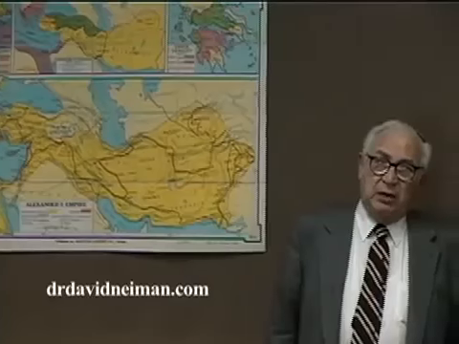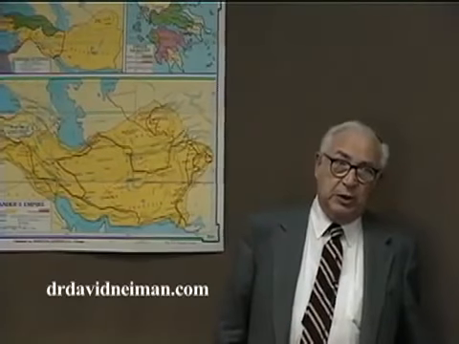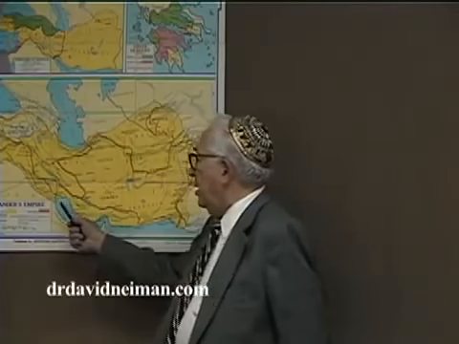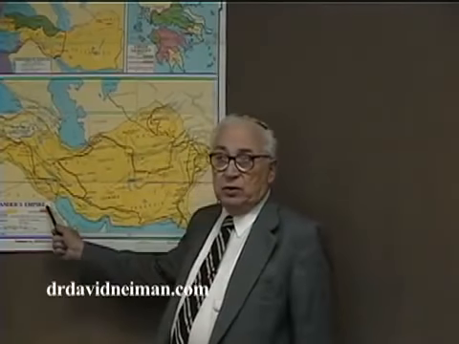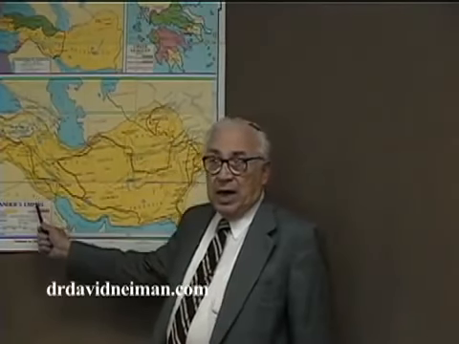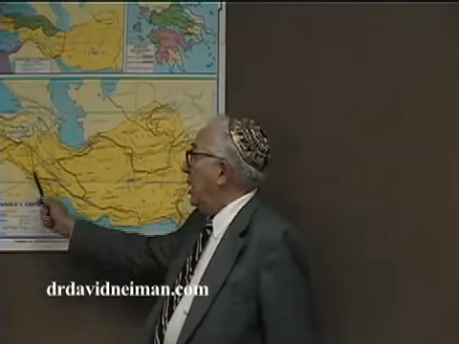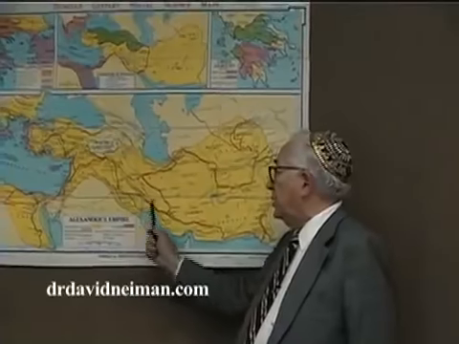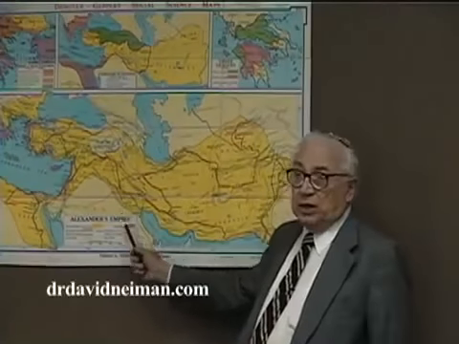The Greeks called the area Mesopotamia, which means between the two rivers. Within this area, we have the civilizations of Sumer and Akkad, then Babylonia, and further north, Assyria. That is one of the cradles of civilization, and the earliest.